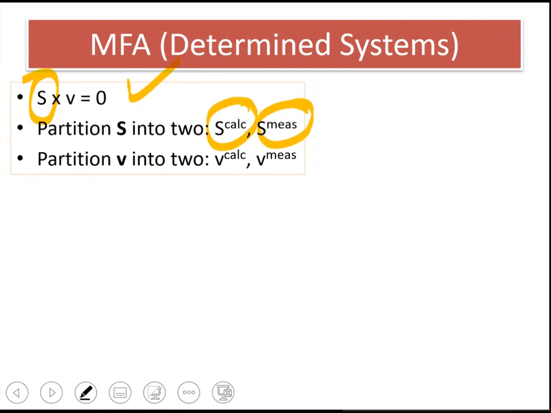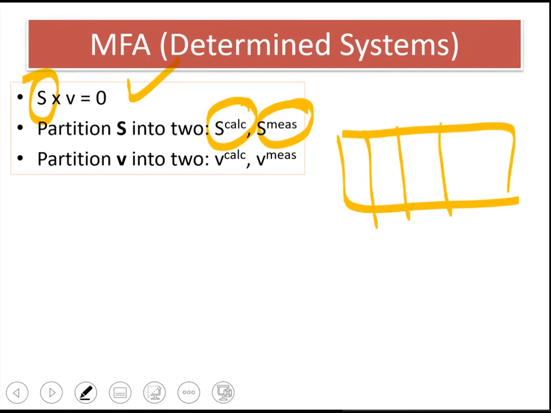So we have our stoichiometric matrix, right, where each column represents an unknown. Let's say you have measured V3 and V5 and you want to use V3 and V5 as measured rates in your solution to make the system determined.